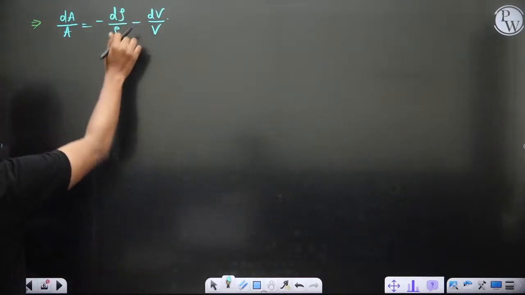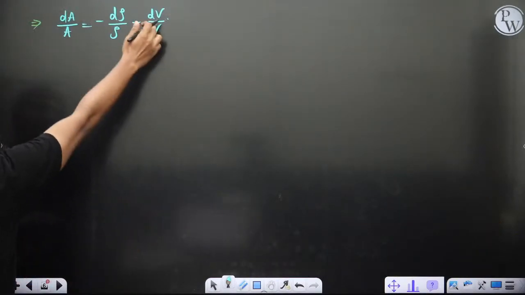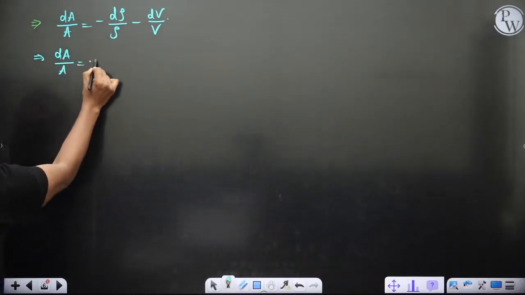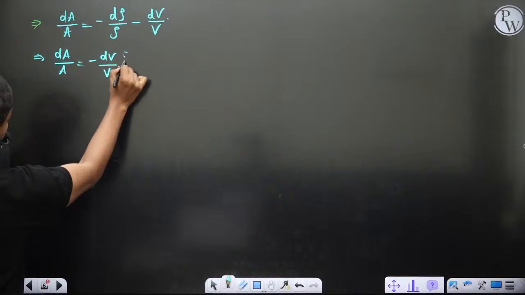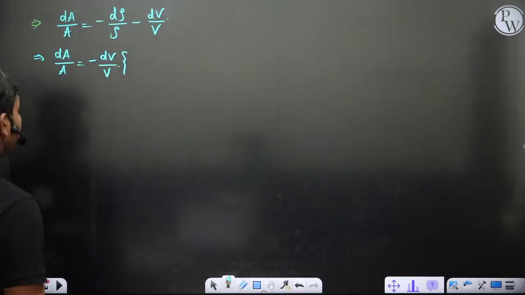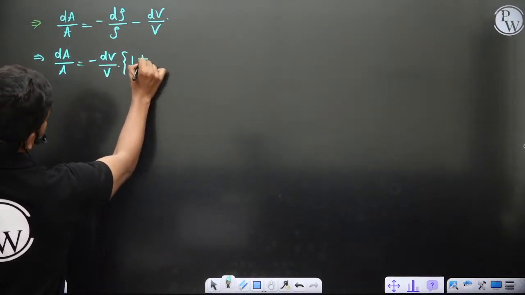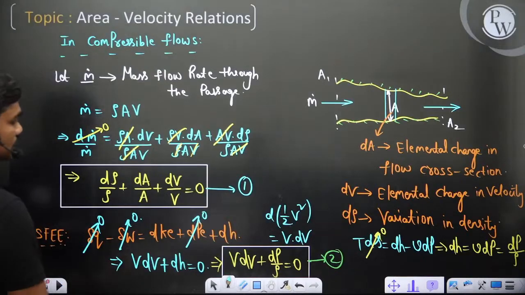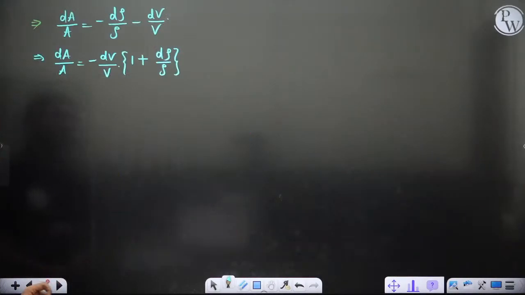Now, if I take dV by V common, dA by A is equal to minus dV by V times 1 plus d rho by rho, correct? So 1 plus d rho by rho is what you have here.